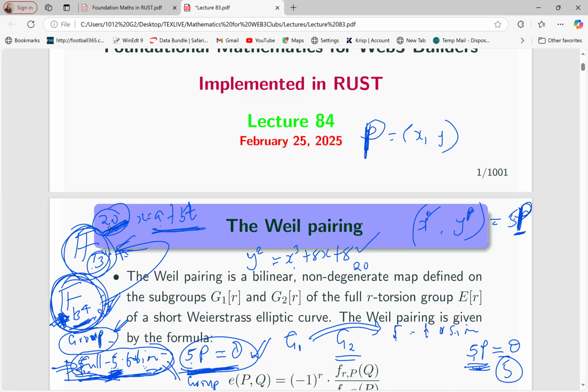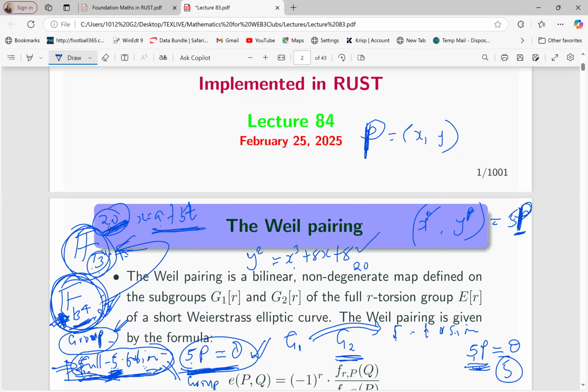Then, supposing our mod is 13, the points that we shall call group 2 will be points of this full 5 torsion that obey the property x raised to 13, y raised to 13 will be the same as xy, this point P added 5 times.